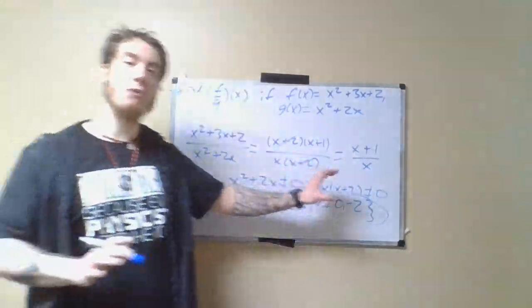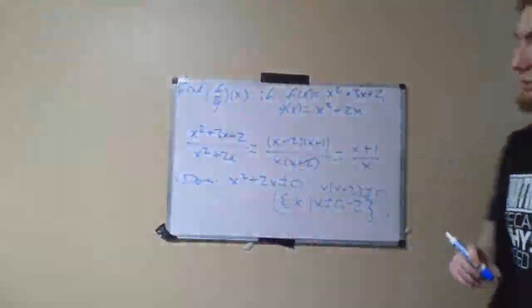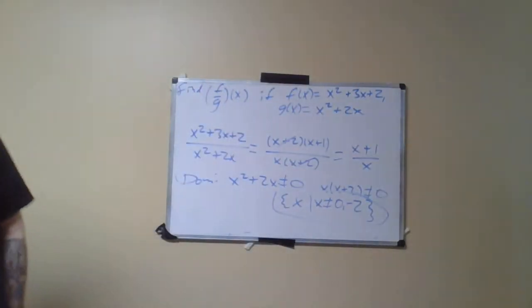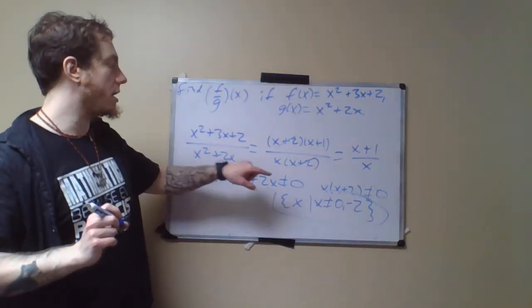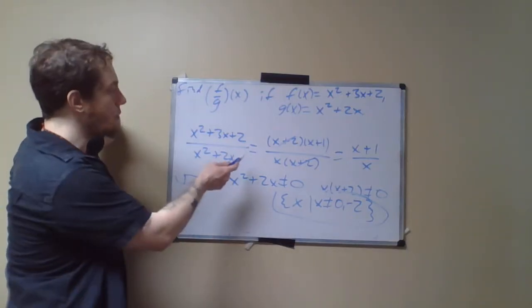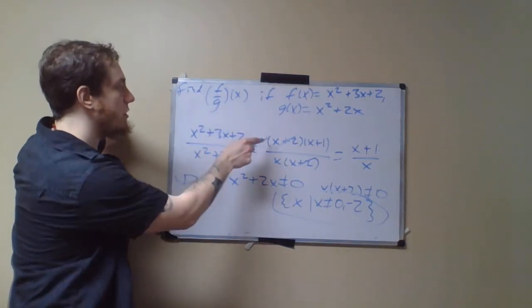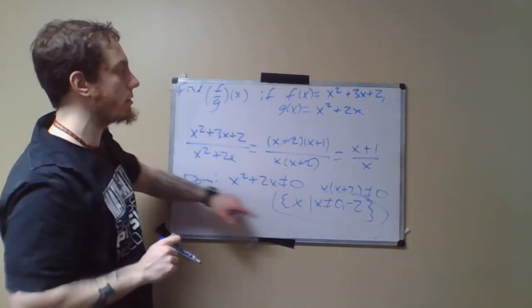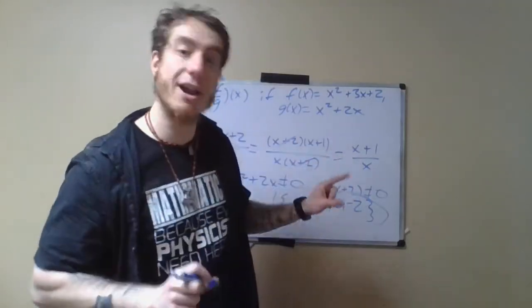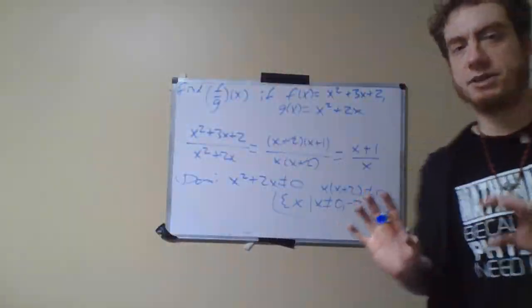The expression itself would be undefined if x were 0. But that's not the only thing that can go wrong. We also need to make sure that we are not allowing x to be -2, because if x were -2, f divided by g would actually give me 0 over 0, even though -2 can be evaluated just fine in this expression. I hope that makes sense here with this example.